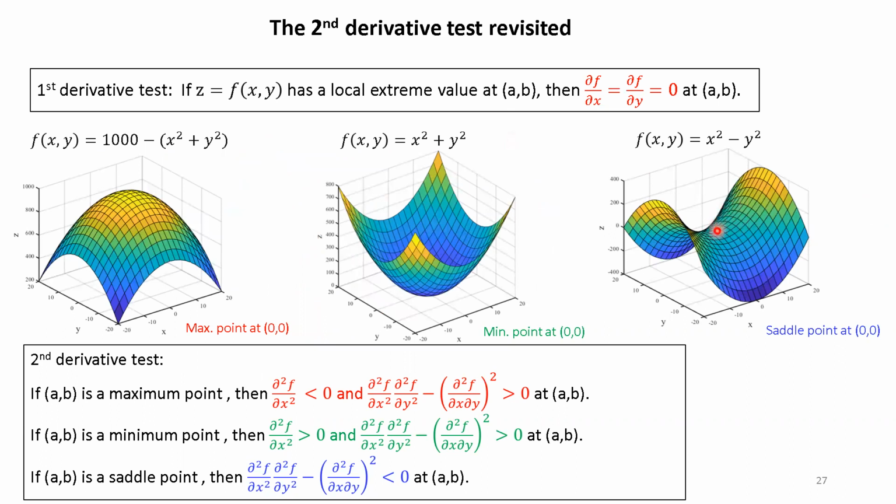If you go in the other direction, you are going downhill and find a decrease in the function value. Of course, you can try many more directions, and sometimes it's positive, sometimes it's negative. But as long as it's not always positive or not always negative, then you can say that this is a saddle point.